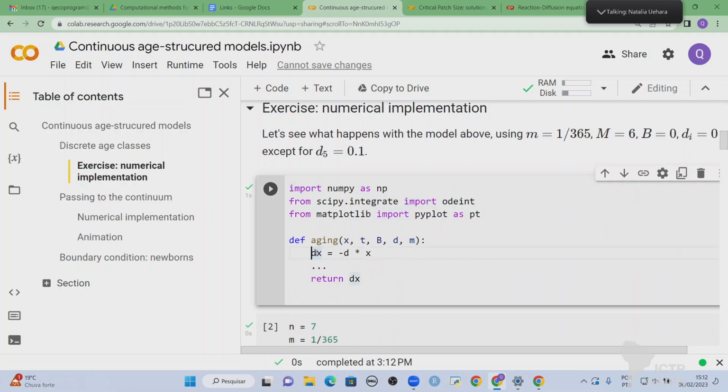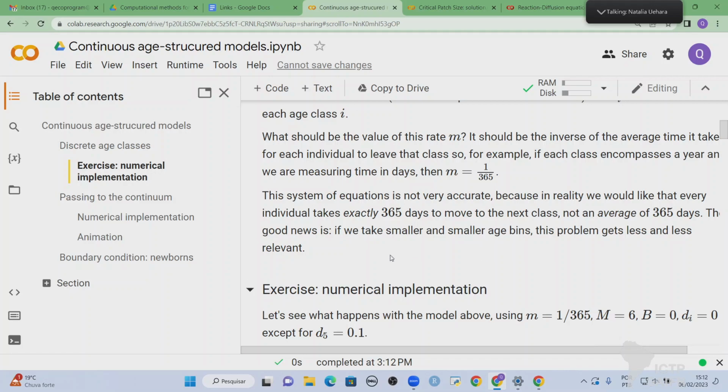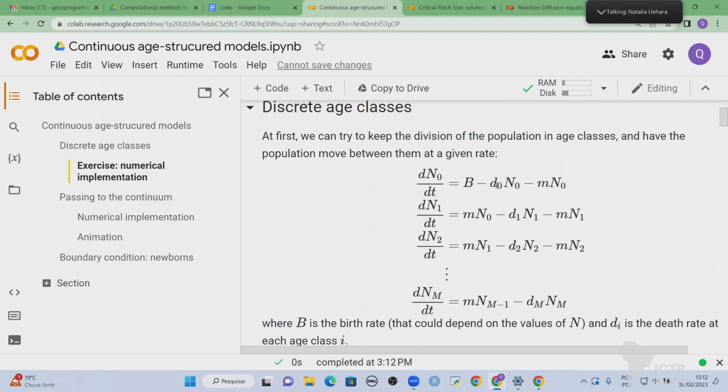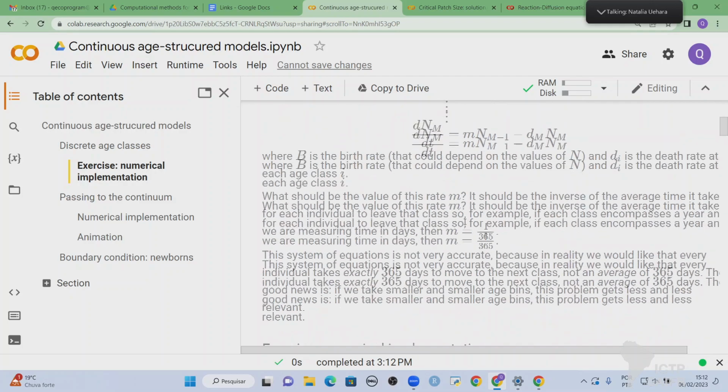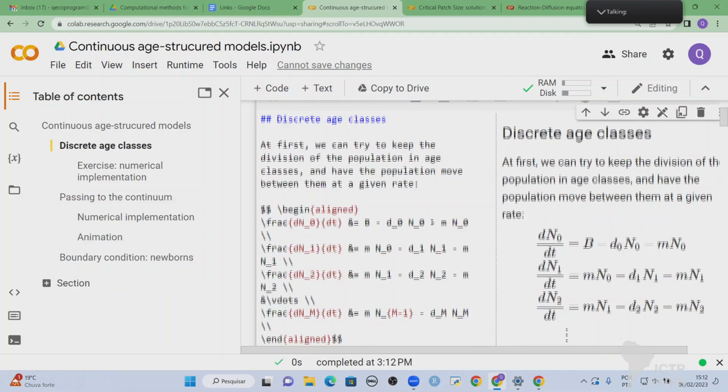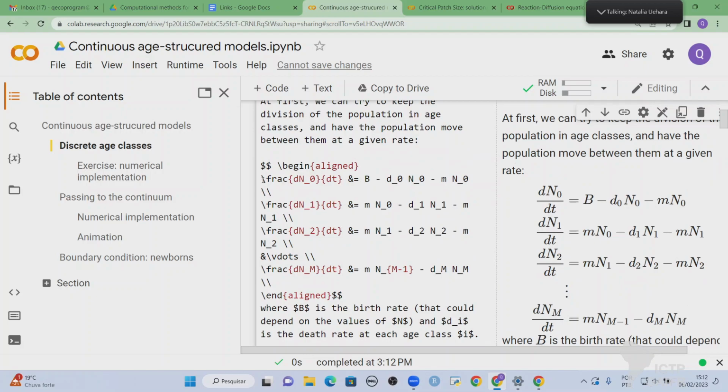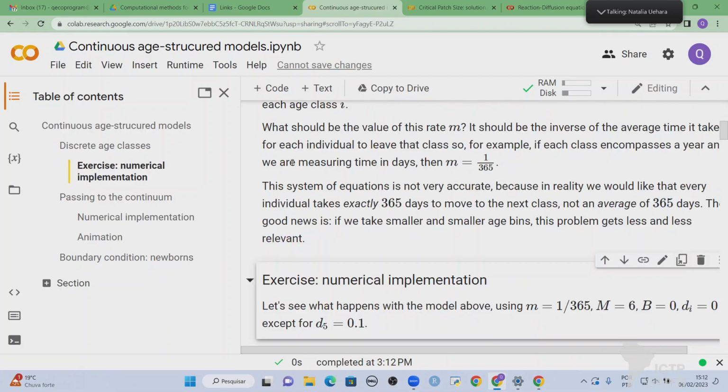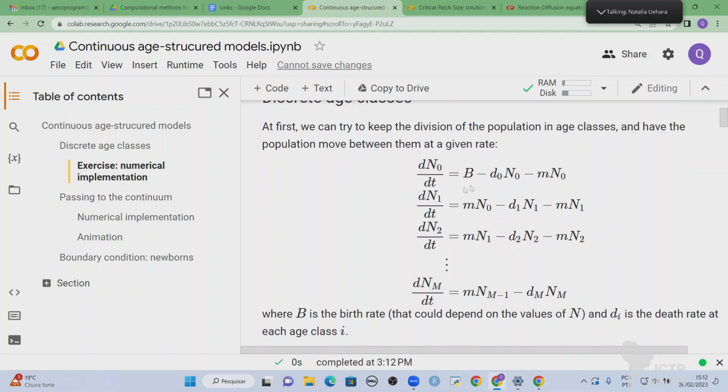So I'm writing the derivative of this. Looking at the equation, for each of them, I have g times itself minus m times itself.